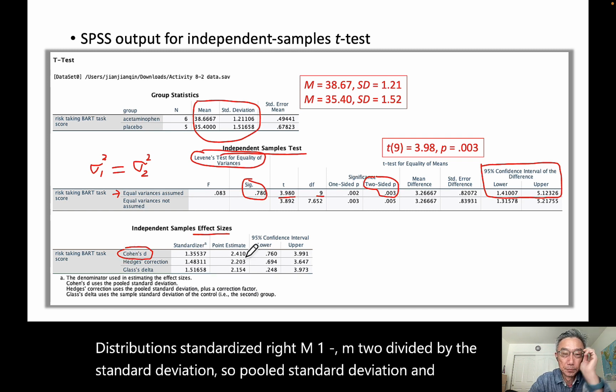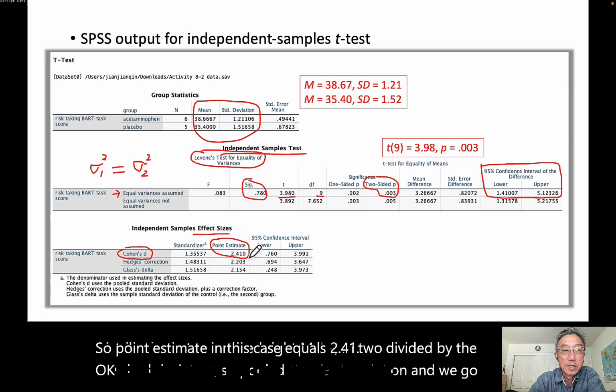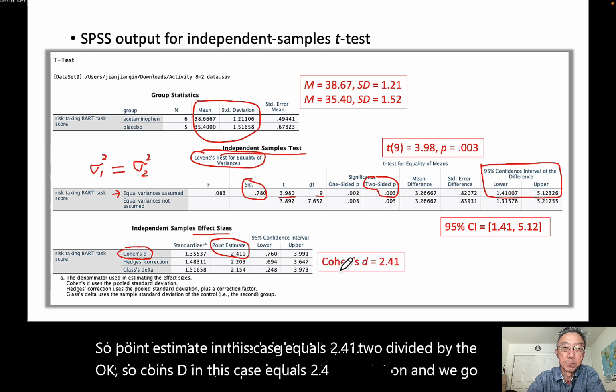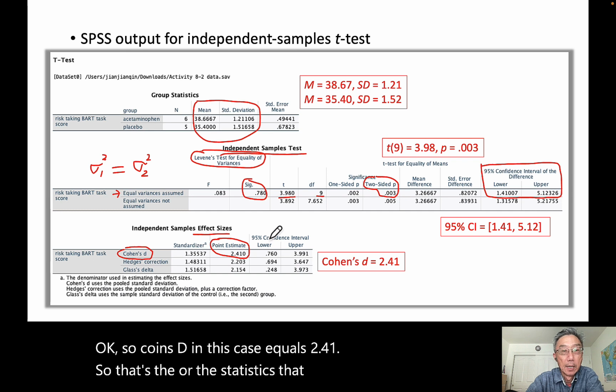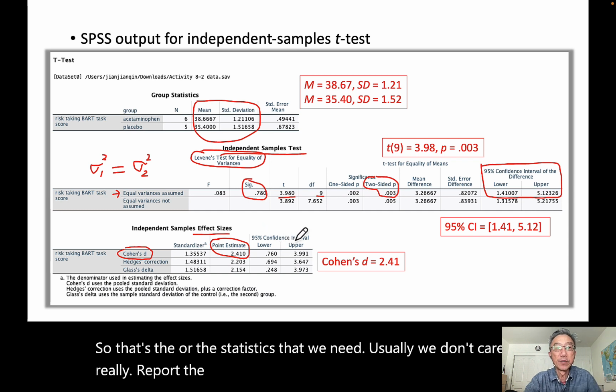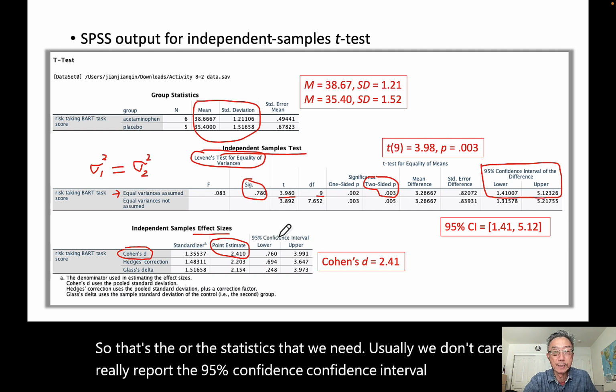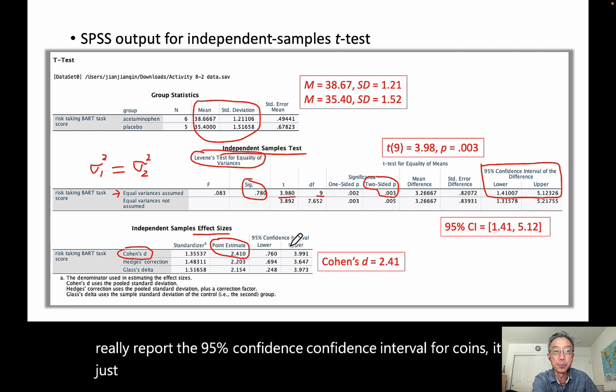We go with the point estimate, which in this case equals 2.41. So Cohen's d equals 2.41. That's all the statistics that we need. Usually we don't report the 95% confidence interval for Cohen's d; we just report Cohen's d itself.